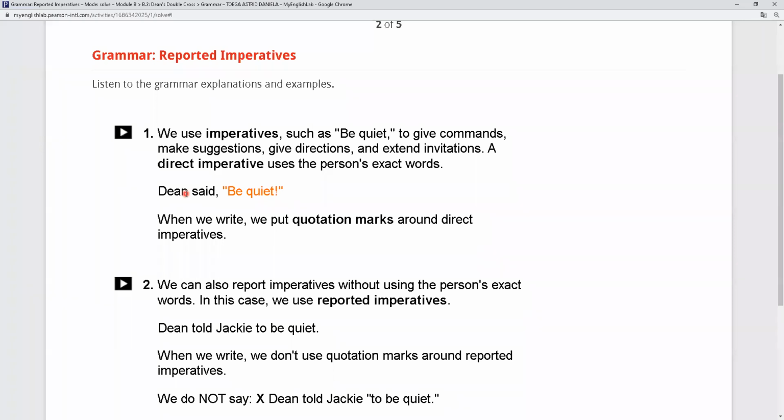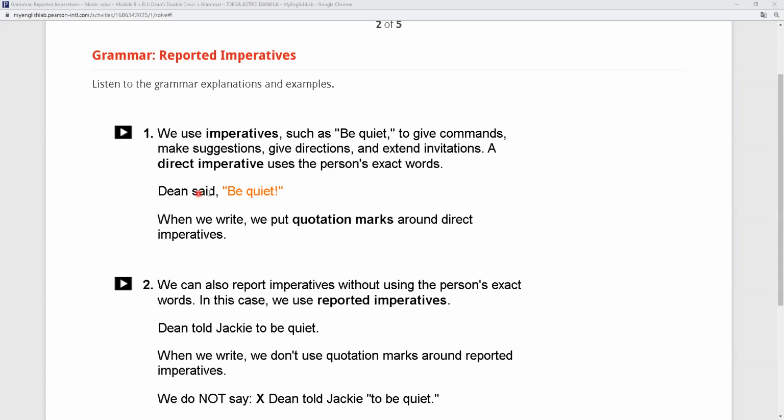And we have the direct imperative. This is direct: I'm describing the person's exact words. What do I mean by this? For example, if you say, "I'm tired," the direct version could be, Astrid said, "I'm tired."